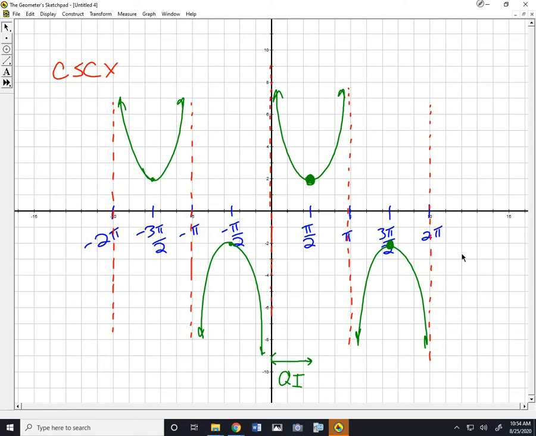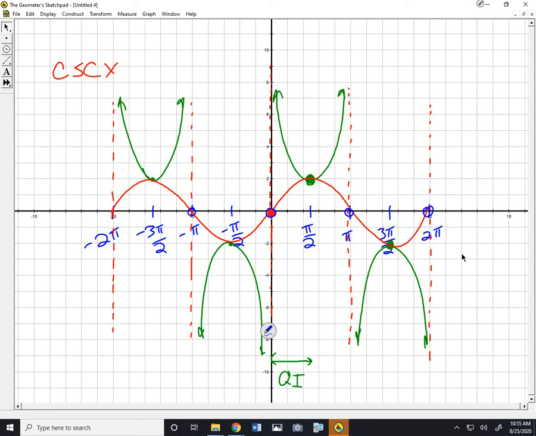Now, I showed you with secant that you can base it straight off of the graph of cosine. You can base cosecant straight off of the graph of sine. If I look at the graph of sine, it starts here at the origin, up, down, and over. Same thing over here on this side. And so in the exact same way that we had on cosine, everywhere that sine is 0, we will have a vertical asymptote.